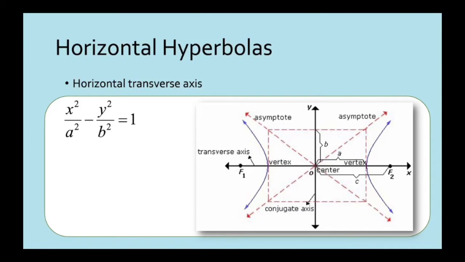We have a b value, and that b value is under the y, which is under the vertical axis that goes through, does not touch the hyperbola at all, and that b is the distance from the center to a box that we will draw in a little while. The c value is the distance from the center to the foci, and we have foci on both sides.